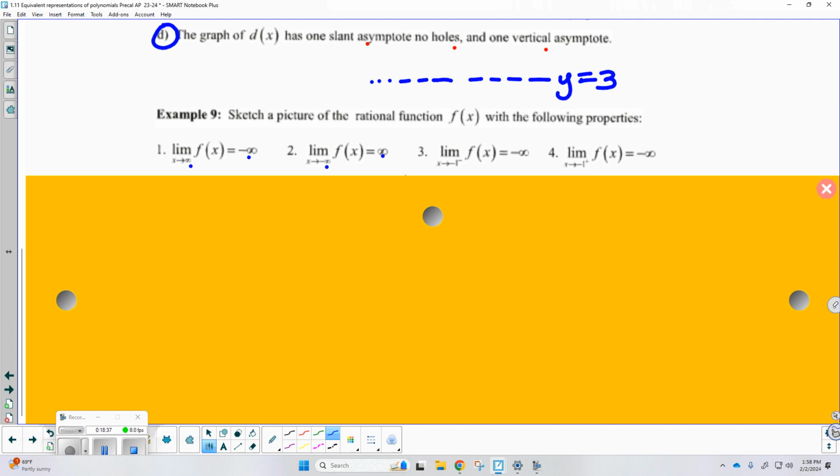Well, if we were actually talking about a horizontal asymptote here, then as we go infinitely to the left and right, we should be approaching the asymptote itself. But because on the ends we're getting extremely large or extremely small, and we know we're talking about a rational function, we have to be talking about a slant asymptote. So is everybody okay with that?